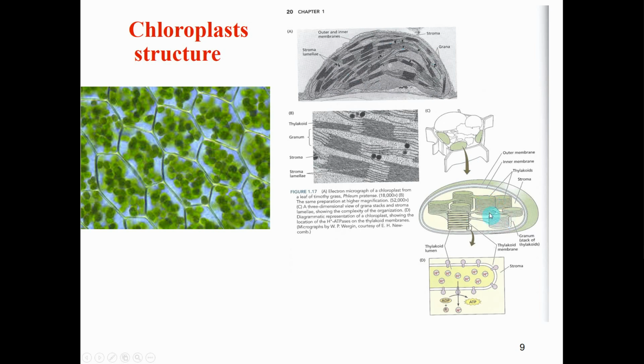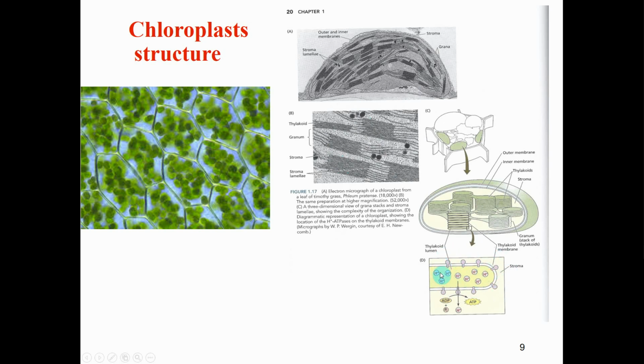A thylakoid is an individual stack. One of those will be a thylakoid, and there's a thylakoid. Very beautiful, nice stroma. This is the stroma all around here. And this is a thylakoid.